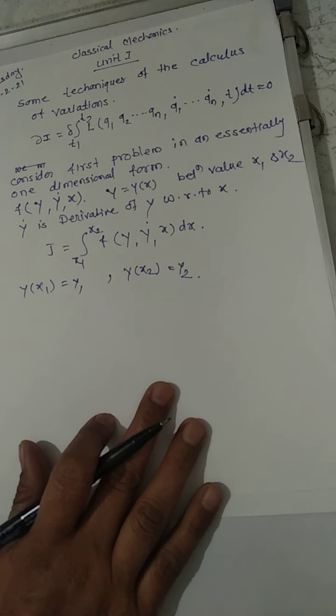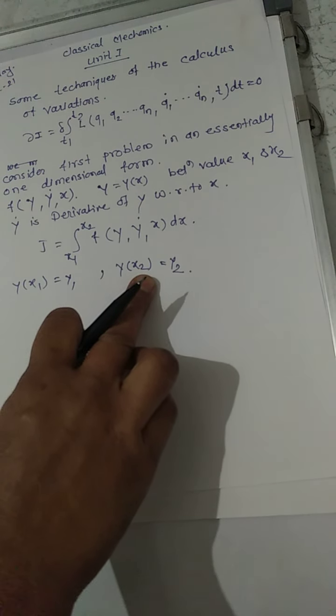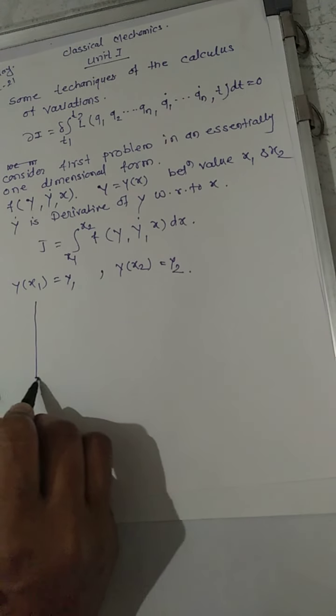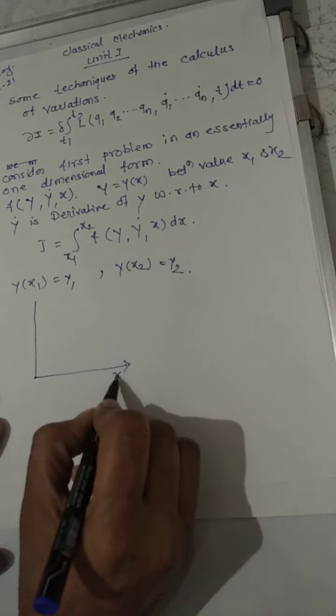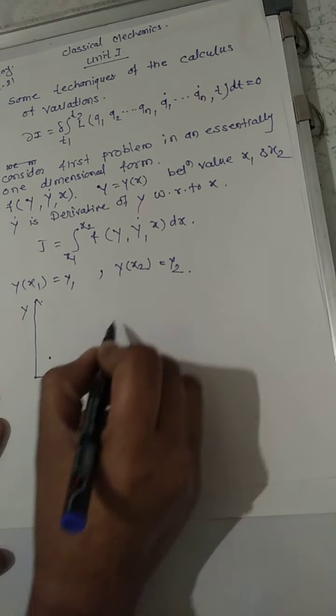The paths differ only in the functional relation between y and x, and the problem is one-dimensional and y is not a coordinate. y is a function of x. First, we draw the figure. In the figure, draw the x-axis and y-axis, and take 2 points.